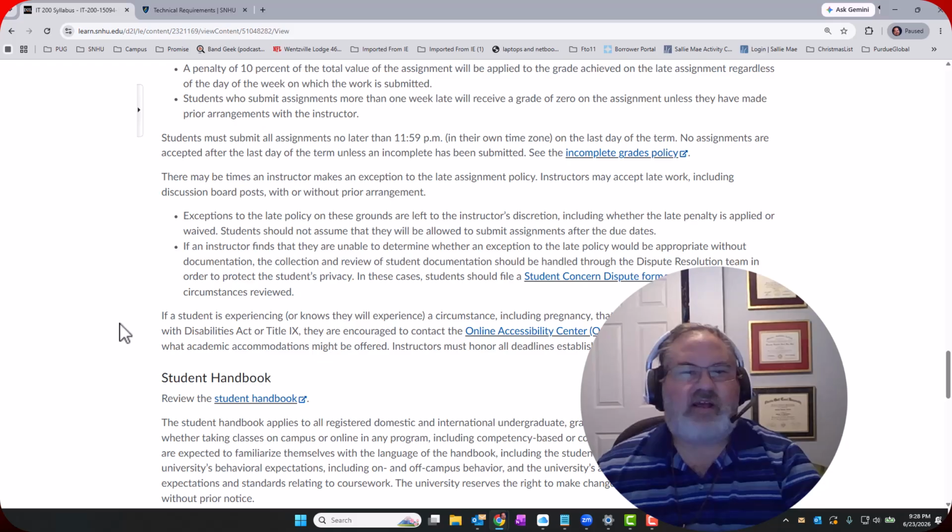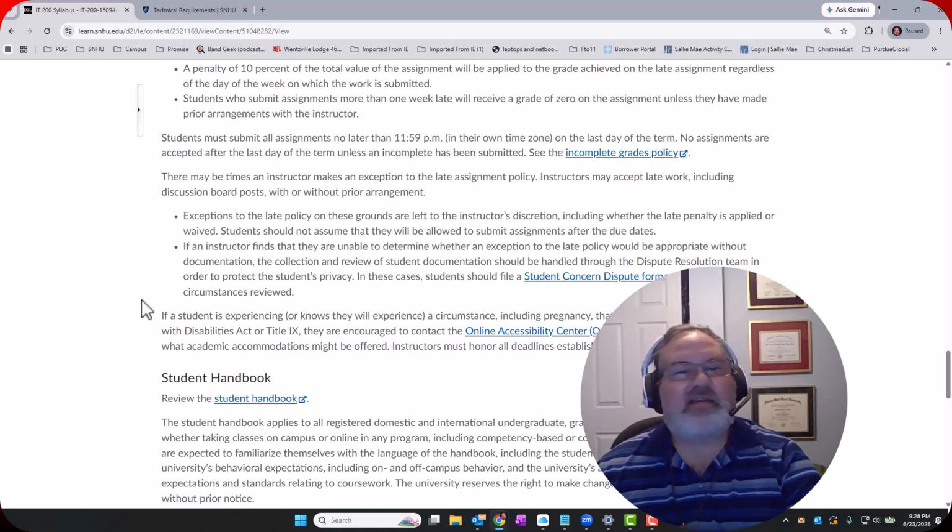If an instructor finds they are unable to determine whether an exception to the late policy would be appropriate without documentation, the collection and review of student documentation should be handled through the dispute resolution team in order to protect the student's privacy. In these cases, students should file a student concern dispute form to have the circumstance reviewed.